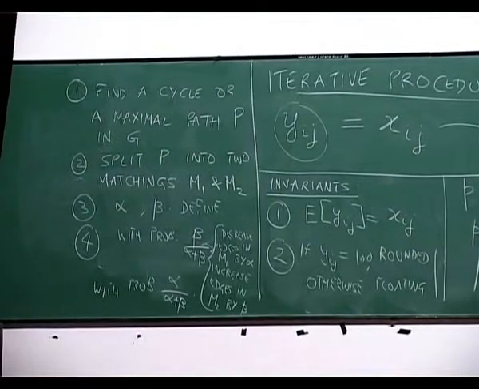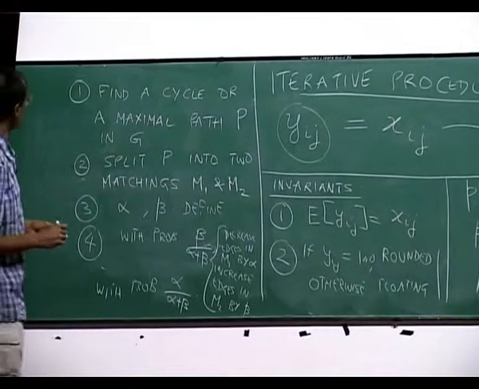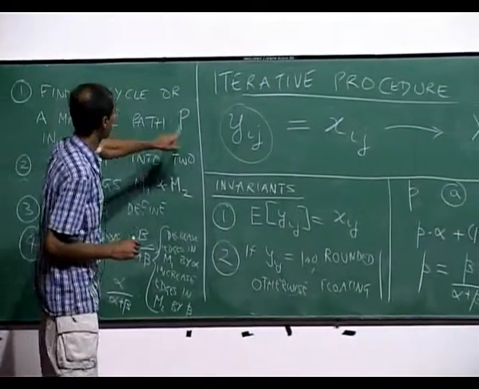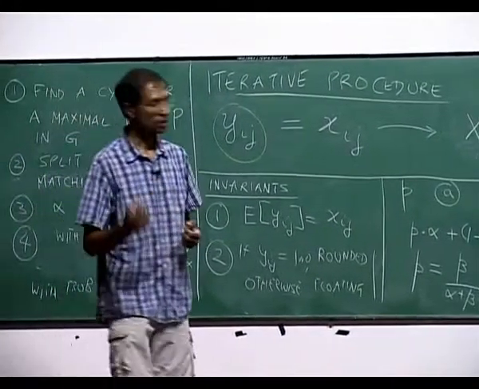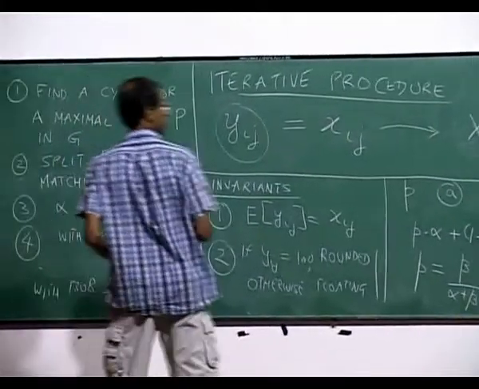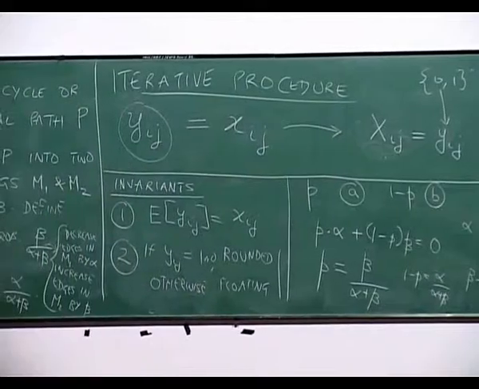Okay, so now two issues. One is what happens when we have a path as opposed to a cycle.